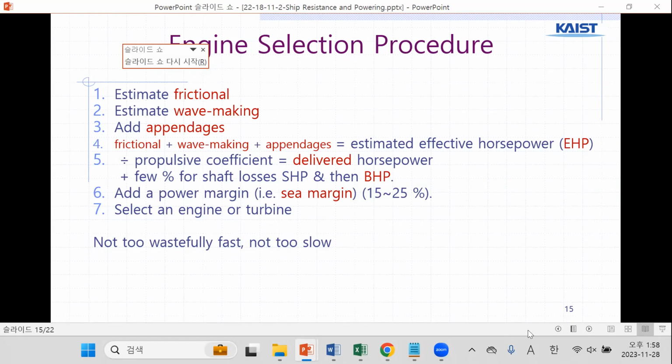But as your designer, at the beginning of the design stage, there is nothing, right? There is only a requirement list: shipping route and cargo and size, and also the contract says speed cannot be less than 25 knots.